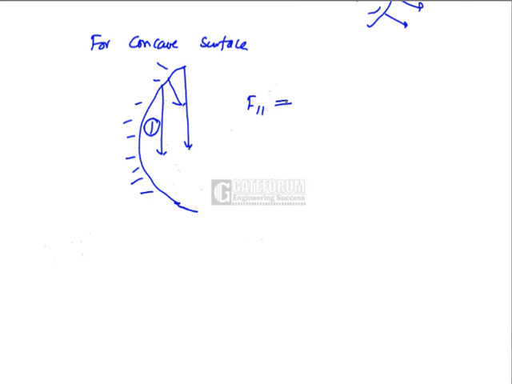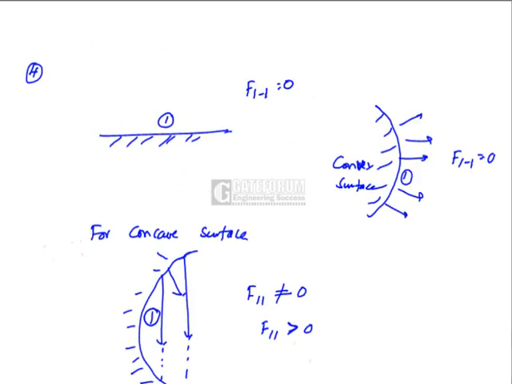Here F11 is greater than 0. But for the flat surface and the convex surface, F11 is 0 because there can't be any self-interception of energy by the same surface.